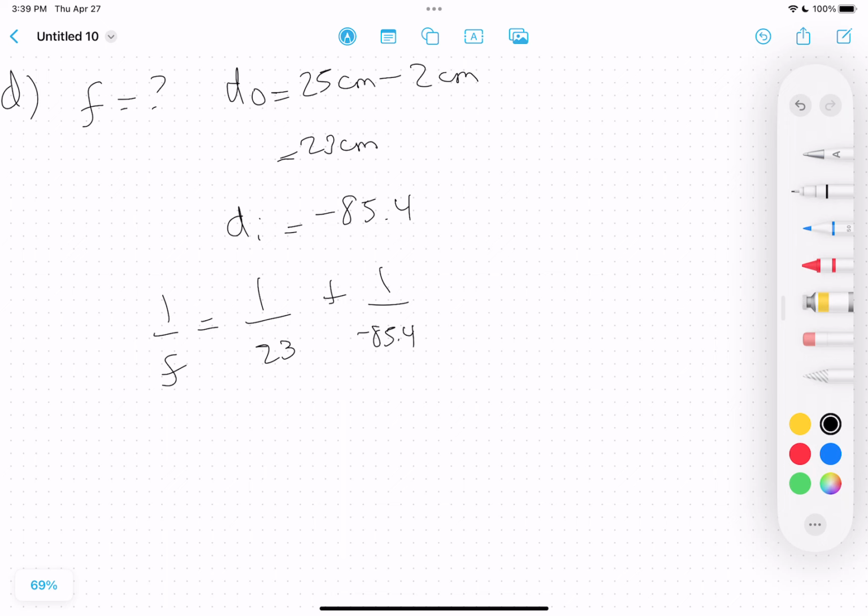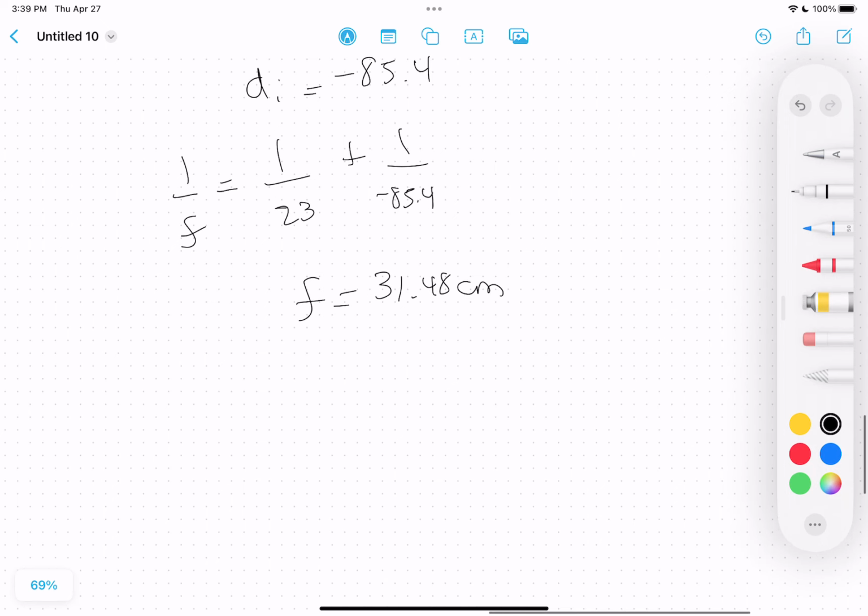So 1 over 23 plus 1 over negative 85.4 gives us 0.032, and then we can just flip that over, and we get 31.48 centimeters as our focal length. But yeah, not too bad. You could also confirm it another way.